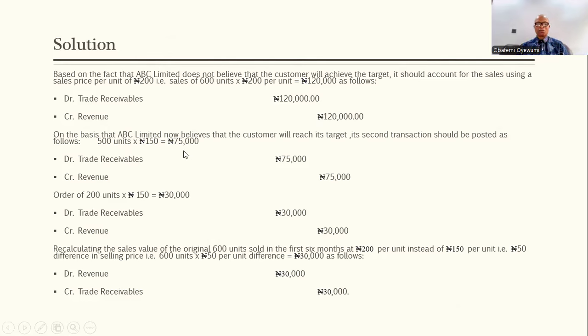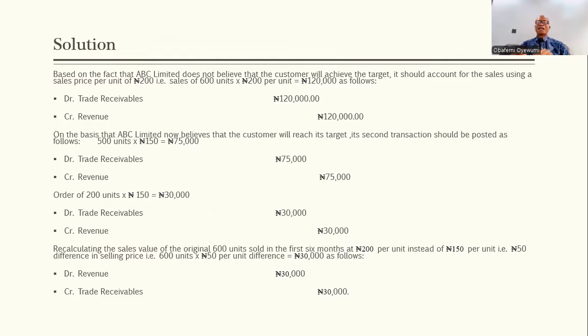That brings us to trade receivables of 75,000 and then revenue of 75,000. And then when they came back to buy 200 units, in December, trade receivables will be 30,000 and then revenue of 30,000.